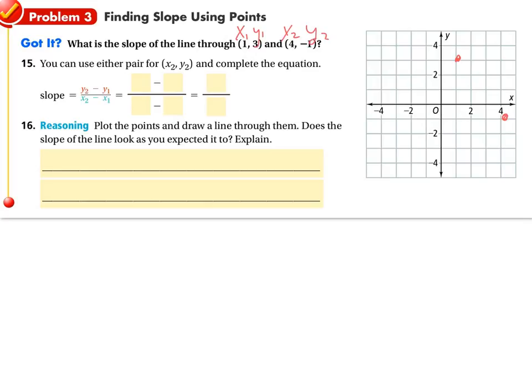And it doesn't really matter which one's sub 1 and which one's sub 2, as long as if this is x sub 1, this has to be y sub 1. You can't interchange them. X sub 2, then this has to be y sub 2. So write this out. Y sub 2 is negative 1 minus y sub 1, which is 3. X sub 2 is 4.